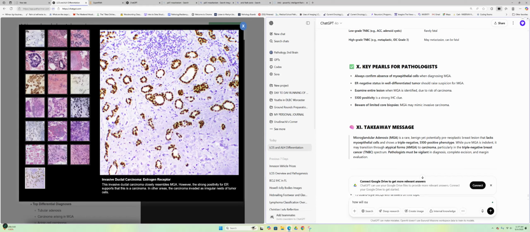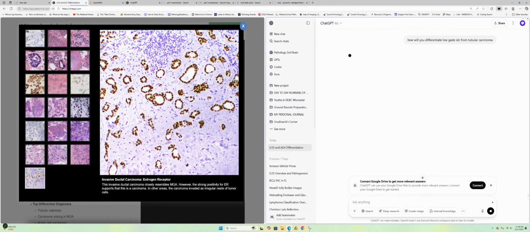Which one has it? I'm not sure. Low grade ductal carcinoma from tubular carcinoma. Let's see if there's anything they can tell us.